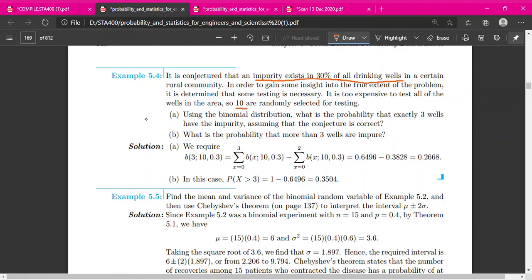Okay, so first, macam like I said before this, determine your variable first. Okay, so the variable here adalah number of wells having impurity ataupun existent impurity.